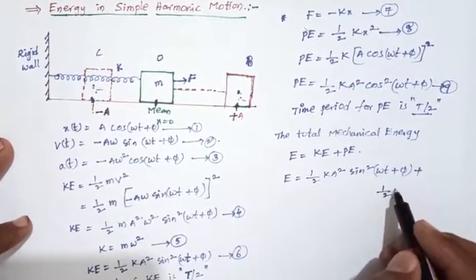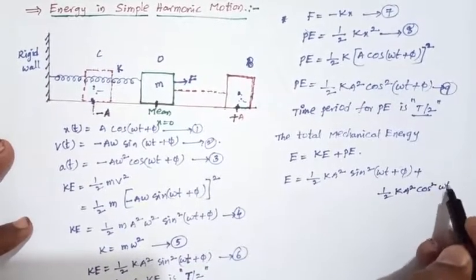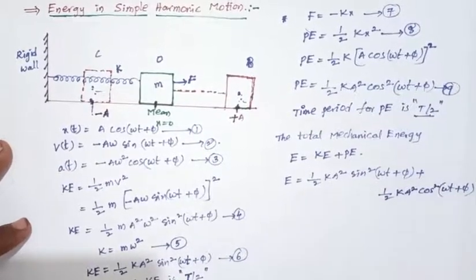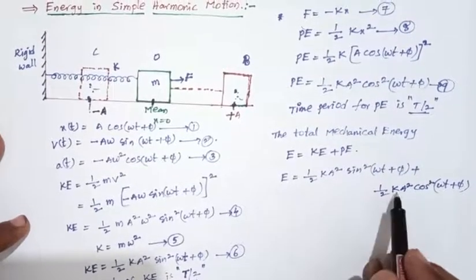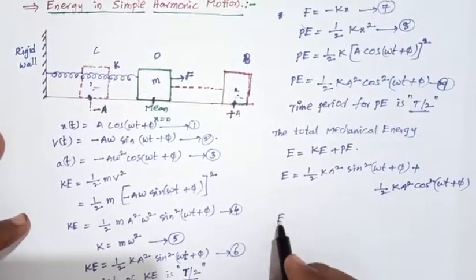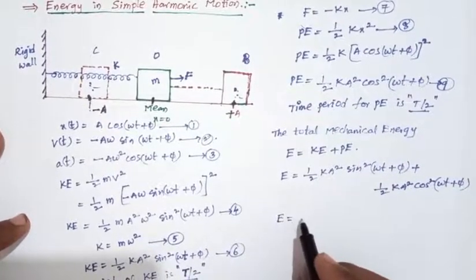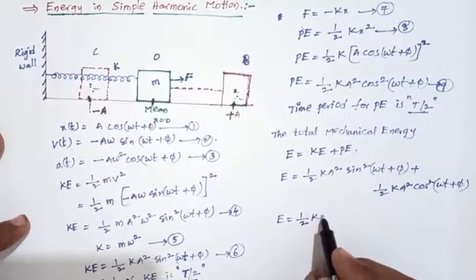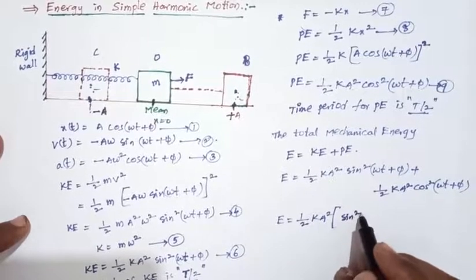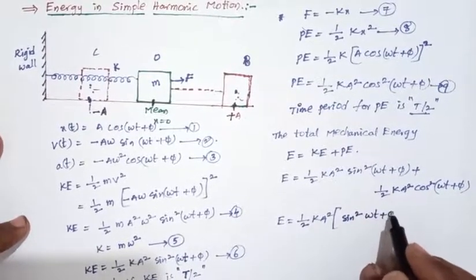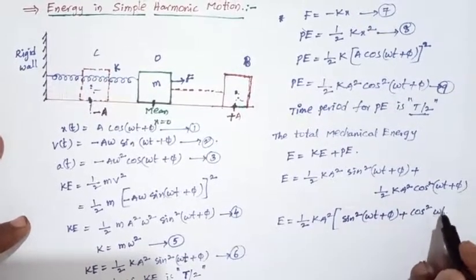This is half k a square cos square (omega t plus phi). What is common here? The term half k a square is common. So the total energy of a particle equals half k a square times sin square (omega t plus phi) plus cos square (omega t plus phi).